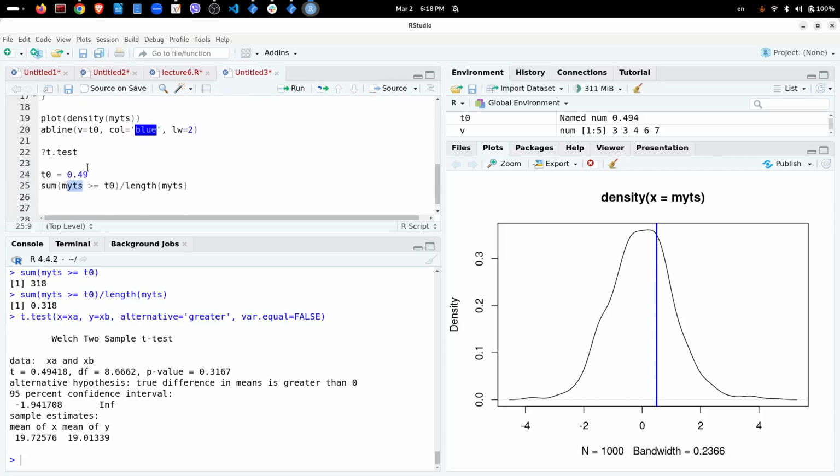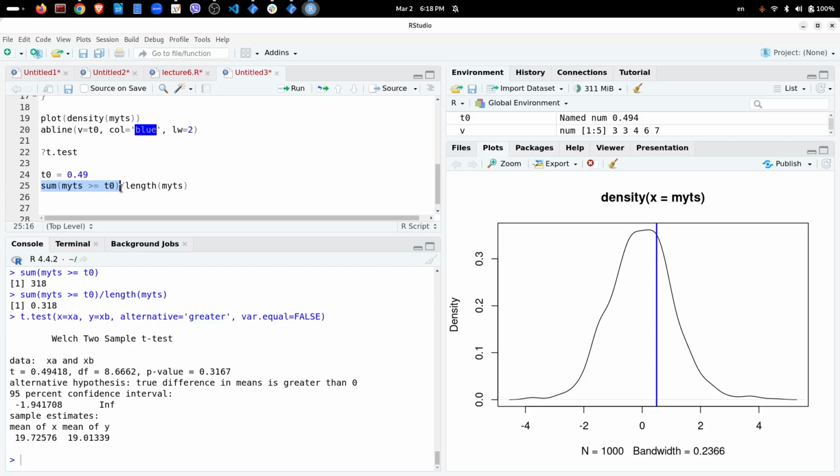This one is a vector of true and false, and is true whenever a value from my t's is greater or equal to t0. Now in R, the true is transformed to 1 and the false to 0, so I can sum them up and find how many 1s I have.